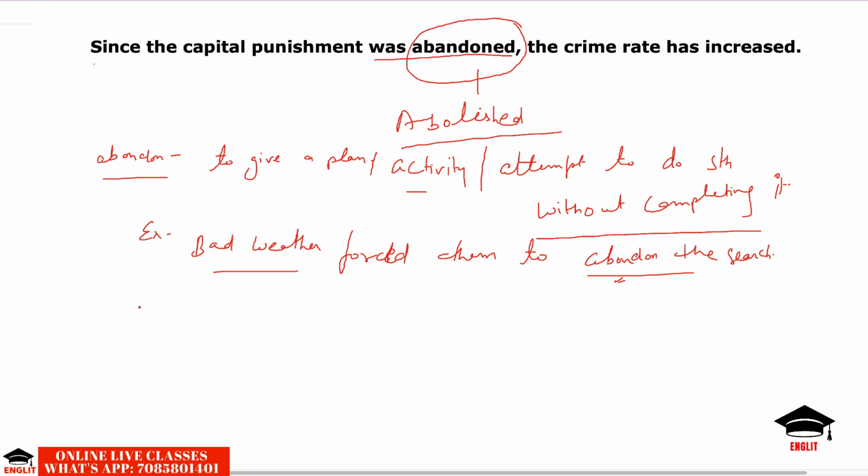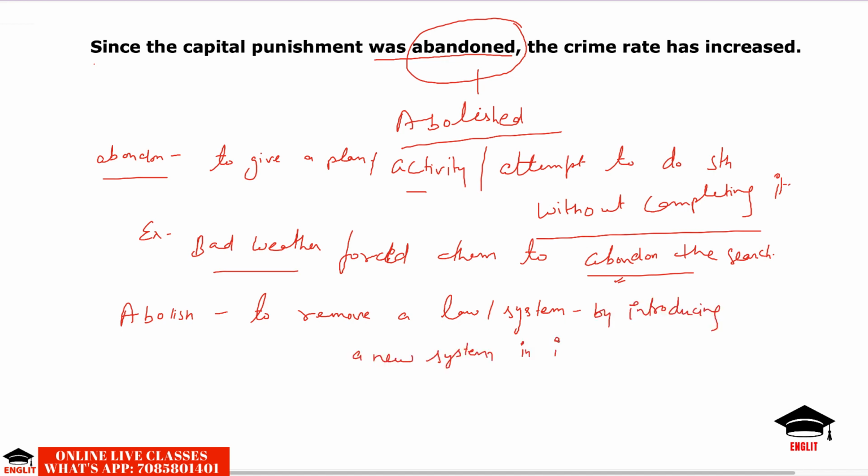And as far as abolish is concerned, abolish means to remove a law or tradition or system by introducing something new, some new law, some new system in its place. So we abolish some established institution, established law, established system in order to bring some reform. So the old order or old system is abolished, and in its place we give a new law or a new system.